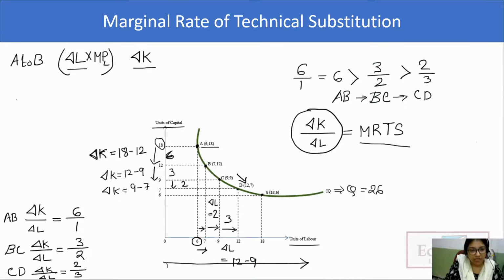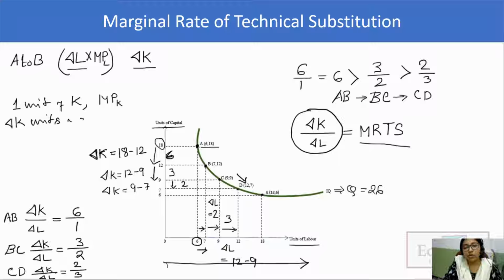If we change K by 1 unit, then output changes by MPK units. So if we change K by del K units, the total change in output due to the change in capital will be del K multiplied by MPK.